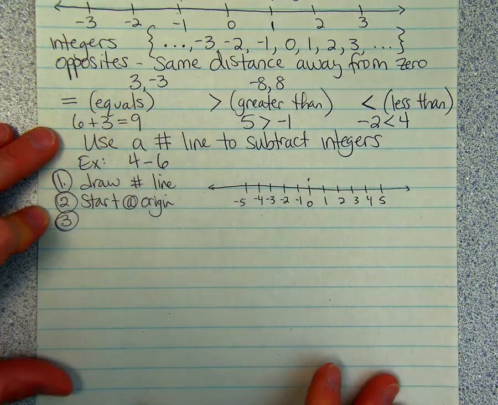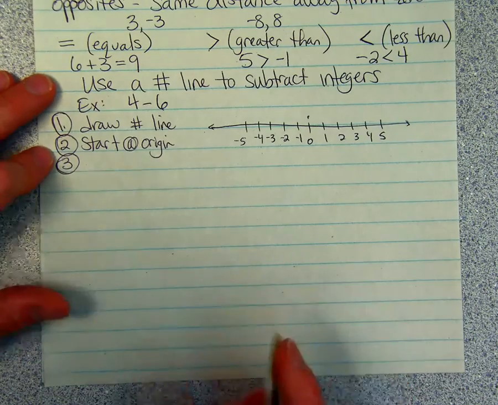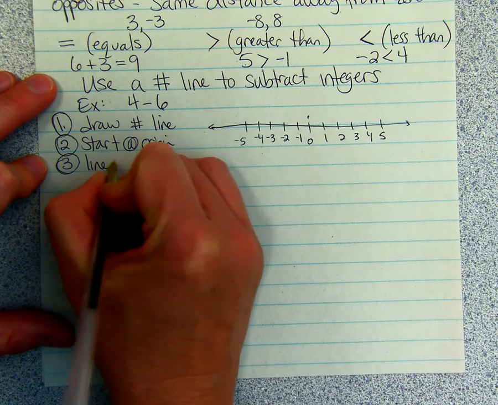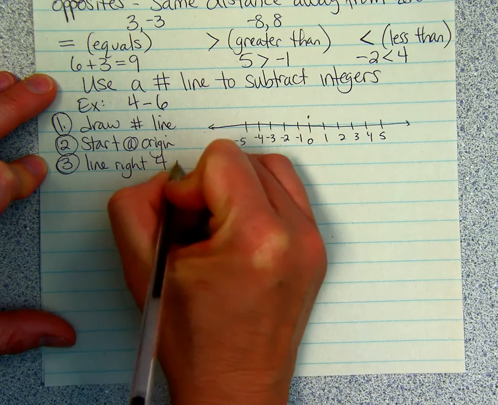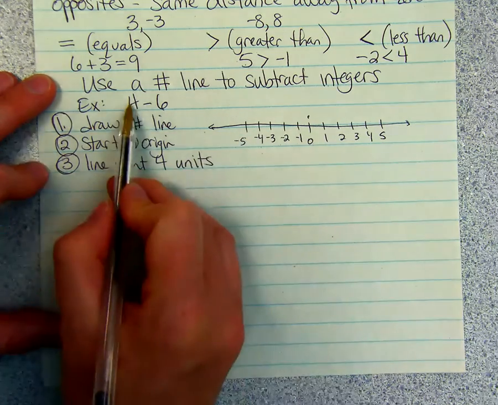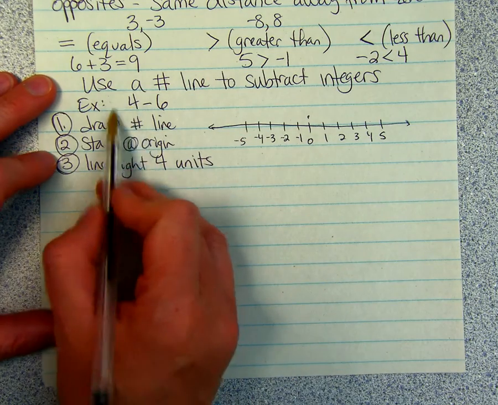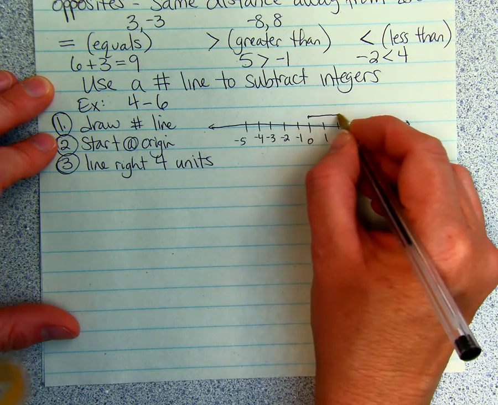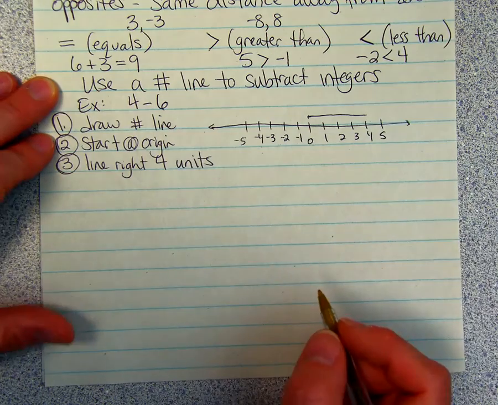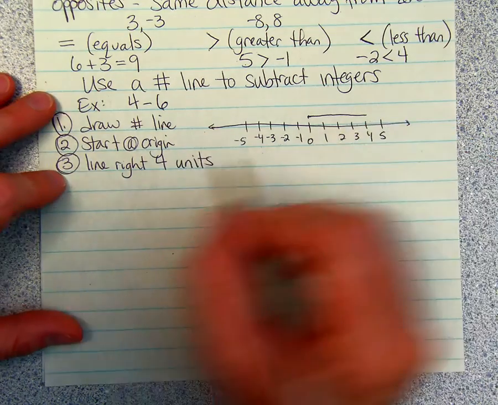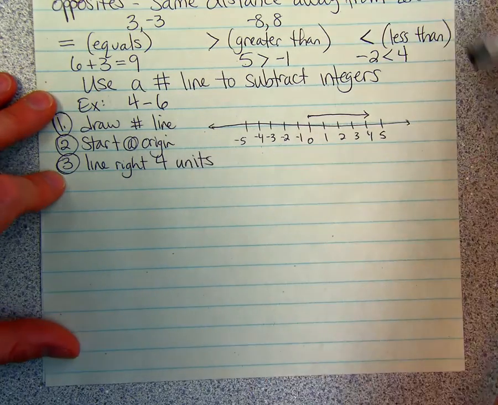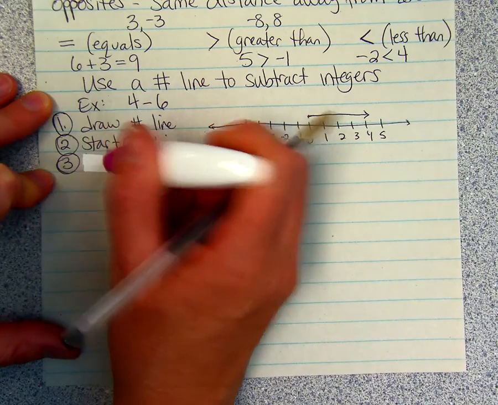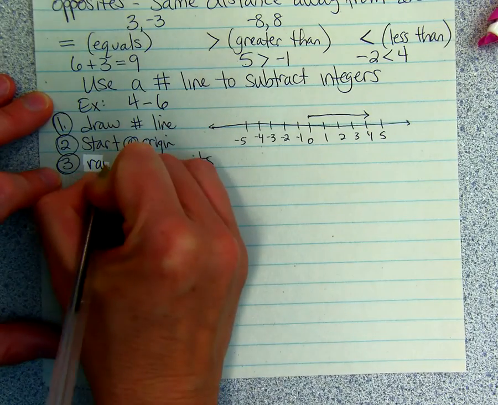Number 3, you're going to draw a line to the right 4 units. And you're going to the right because it's a positive, and you're going 4 because your first number is 4. Your minuend is 4. So we're going to draw a line 4 to the right. Actually, that's not a line. If we put an arrow, that's a ray. A line has arrows on both sides.